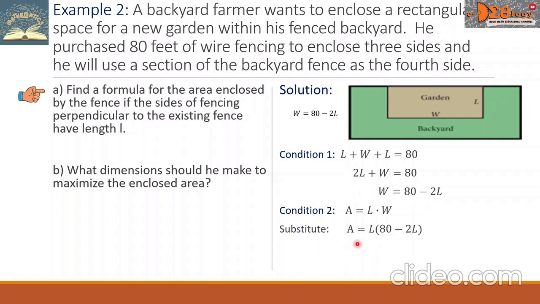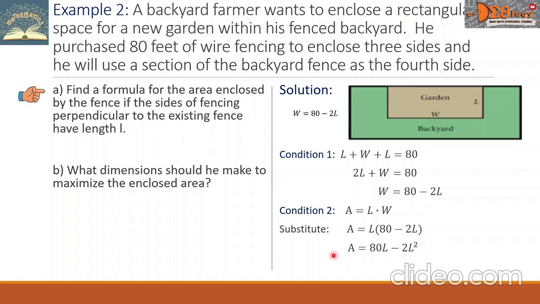So when we do that, A equals L times W, which now becomes 80 minus 2L. Then we multiply this L to the binomial. So L times 80 is 80L. L times negative 2L is negative 2L squared.